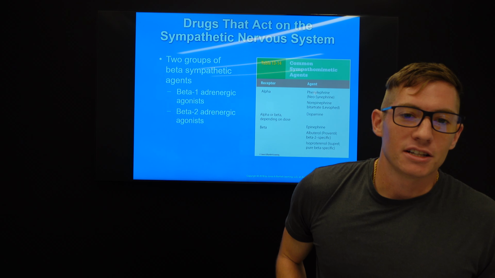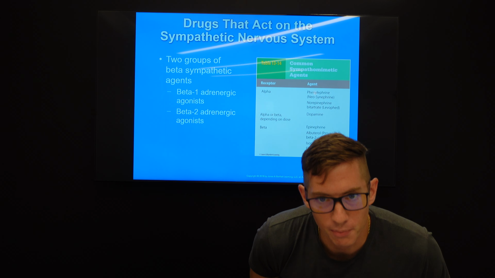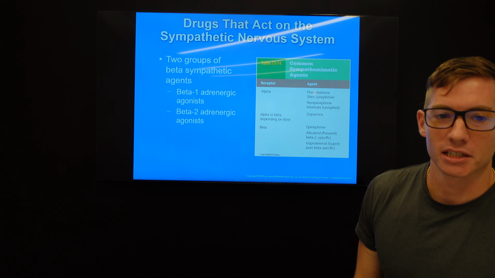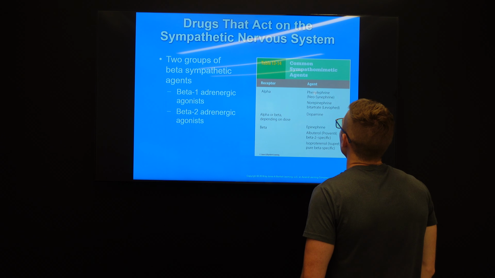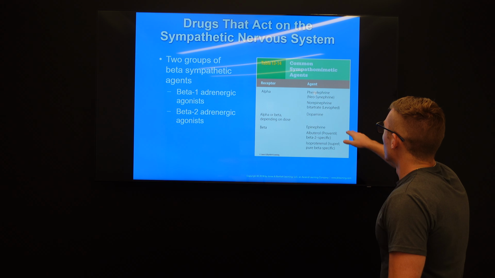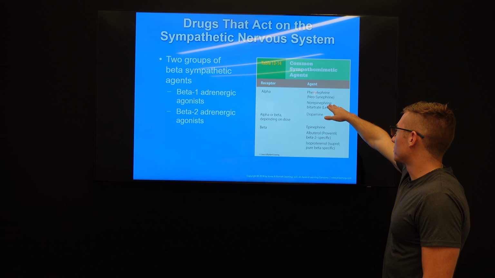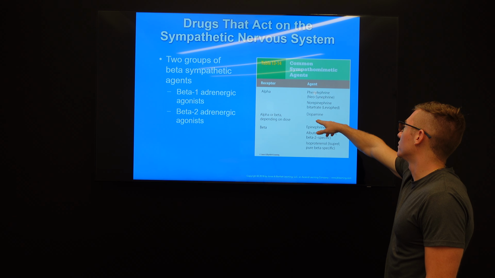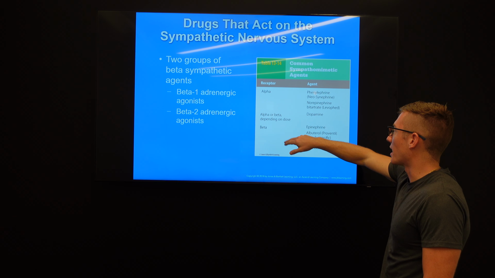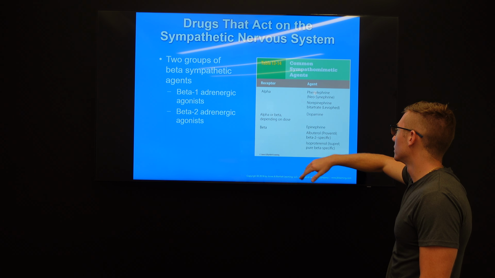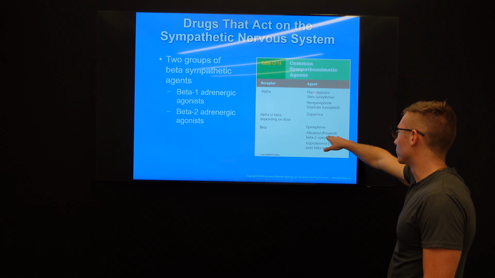Beta sympathetic agents can be classified into 2 groups based on the subtle differences between the beta receptors in the heart and the lungs. For alpha receptors, we have phenylephrine or Neo-Synephrine, norepinephrine bitartrate, Levophed, and dopamine. Alpha and beta, depending on the dose, that's going to be our dopamine. Beta is epinephrine, albuterol.